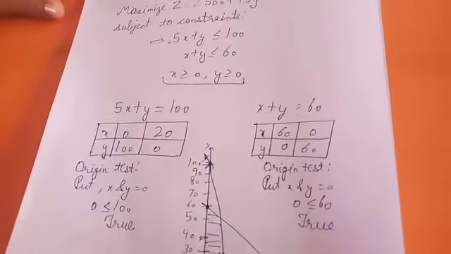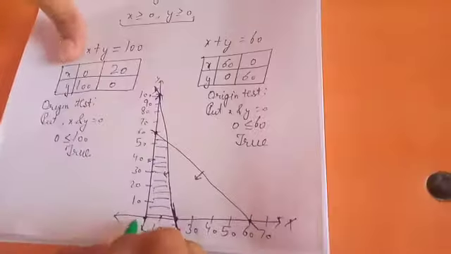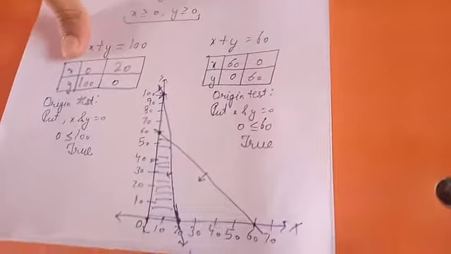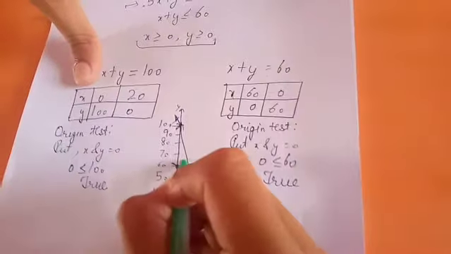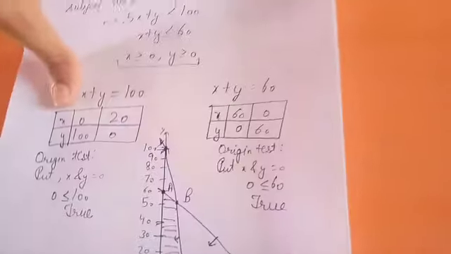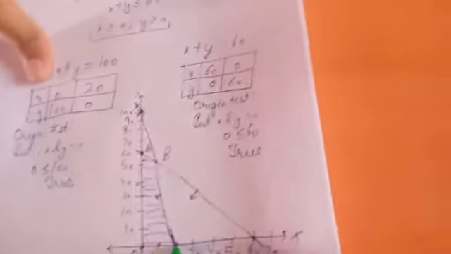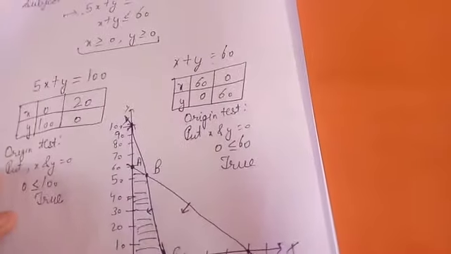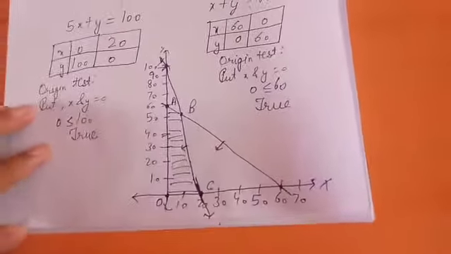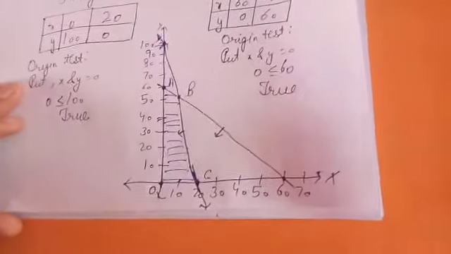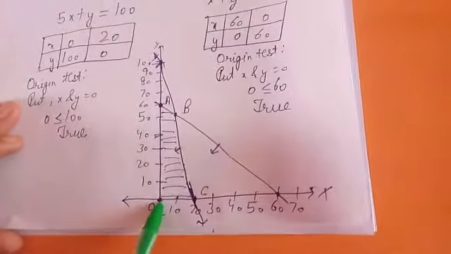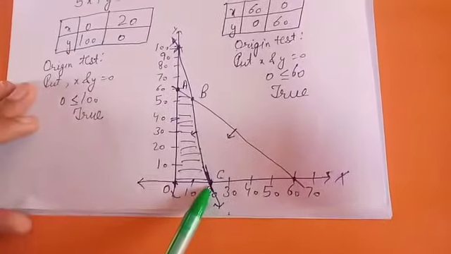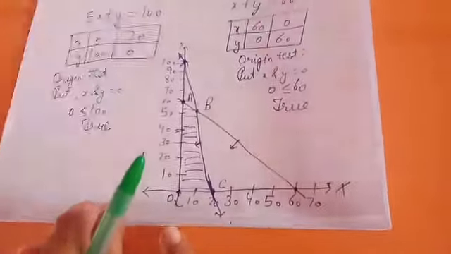Now, so we are getting a graph here. We are getting some region, such as we can say this point is O, this point is A, this point is B, and then this point is C. Okay, now we know the coordinates of these points.